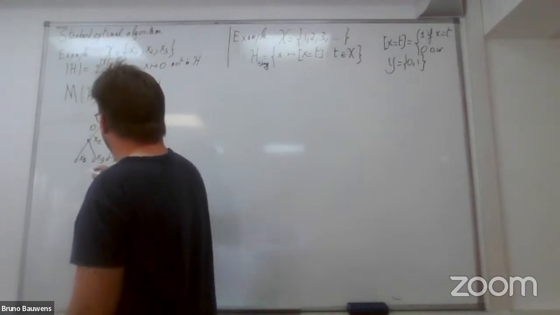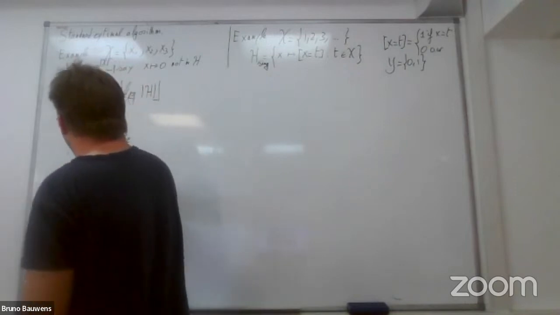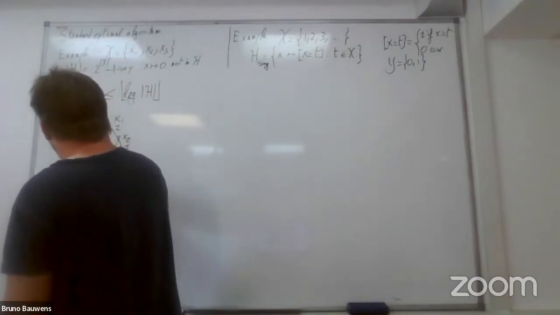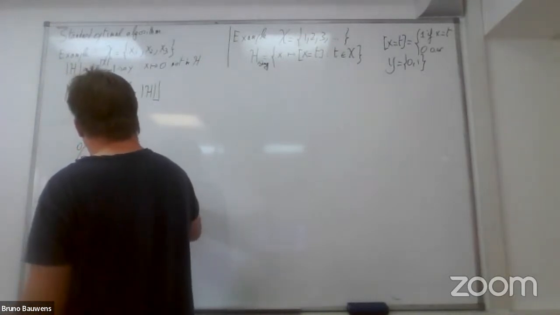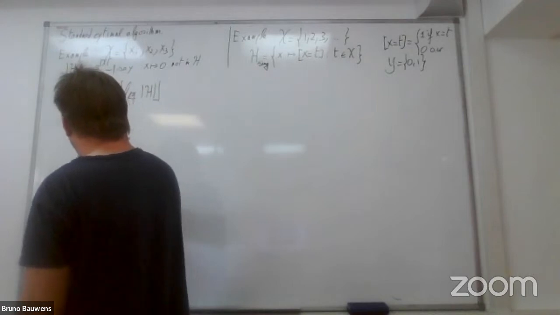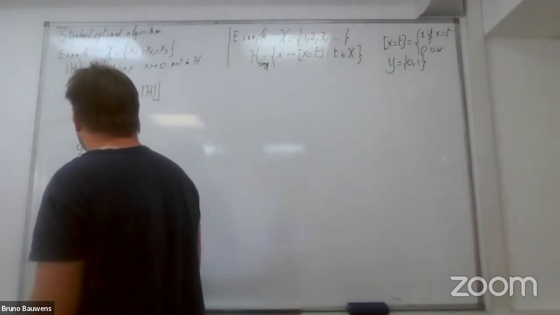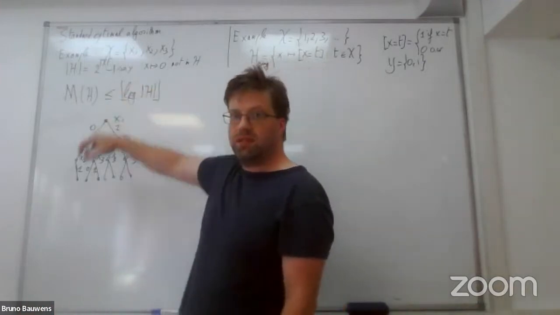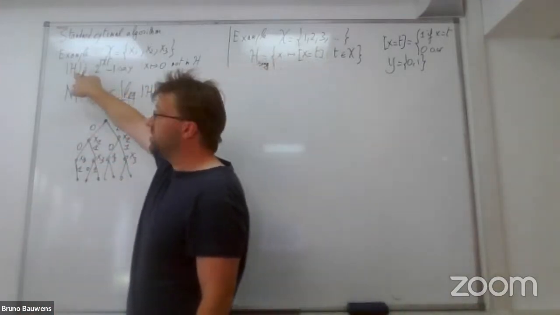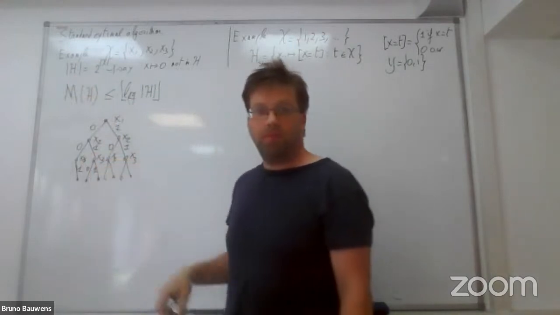Where the answers are 1, 0, 1, and so on. One more, this one we don't have. And so here I have structured all the functions that are present in this hypothesis class H as a binary tree.